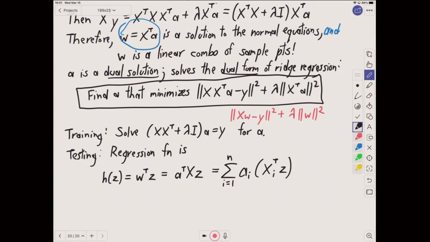An important thing to notice is that this is an inner product. And I'm going to try to convince you later that we can compute that inner product without actually computing xi in certain circumstances. And that's where the magic will happen. But anyway, for now, what you want to know is you can interpret this as a weighted sum of inner products.